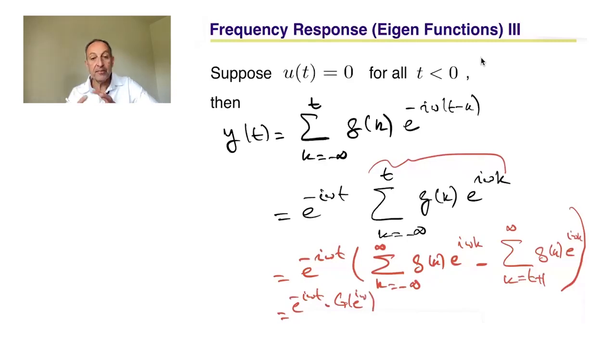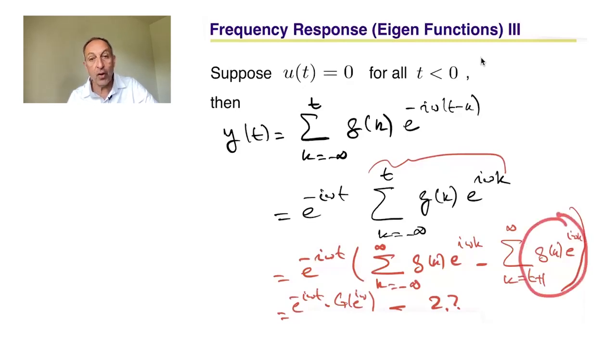That's the same expression that we had before, but we're subtracting another part. The question is, how big is that part? As you know from the stability argument, it starts from k equals t plus 1. So if t is large, this quantity is going to be small.